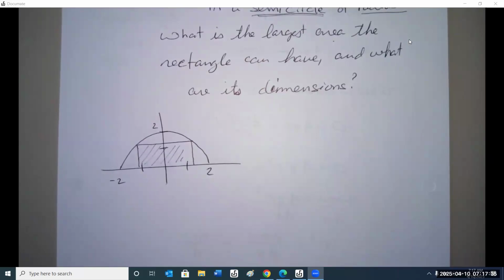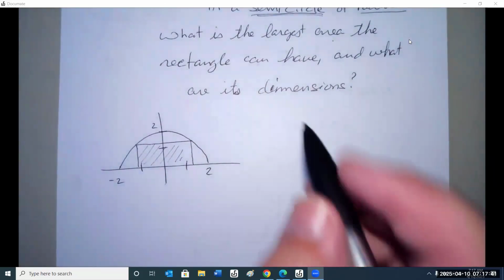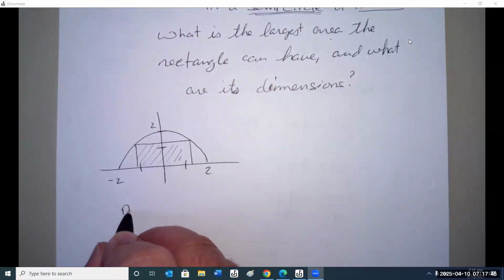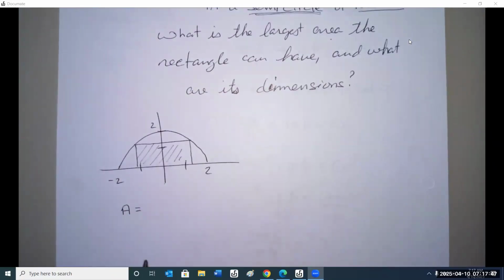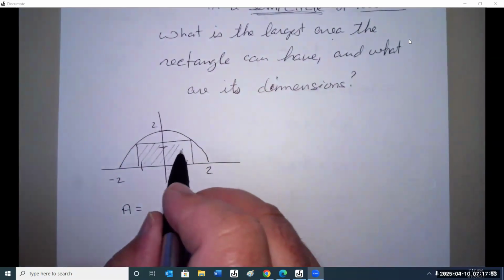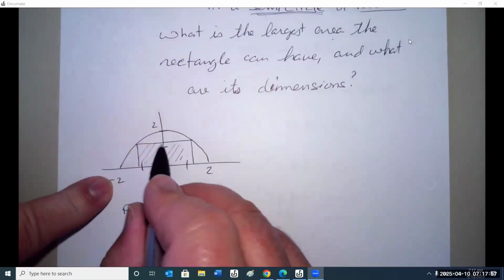All right, so what do we know? The largest area, because in order to find the area, that's going to give us this. If we know the area of this box here, then we double it.